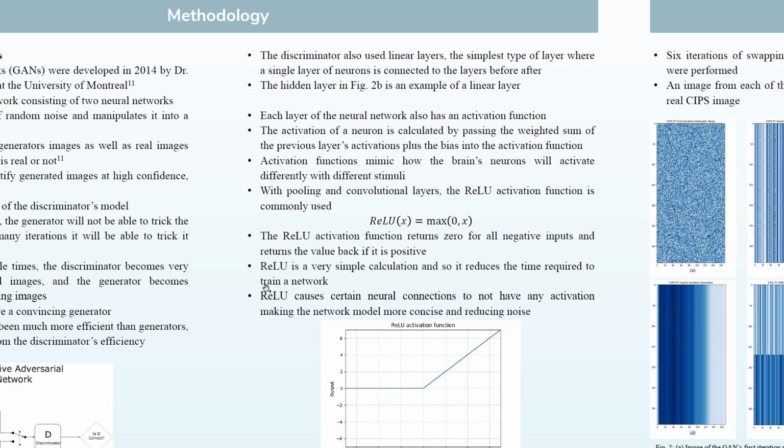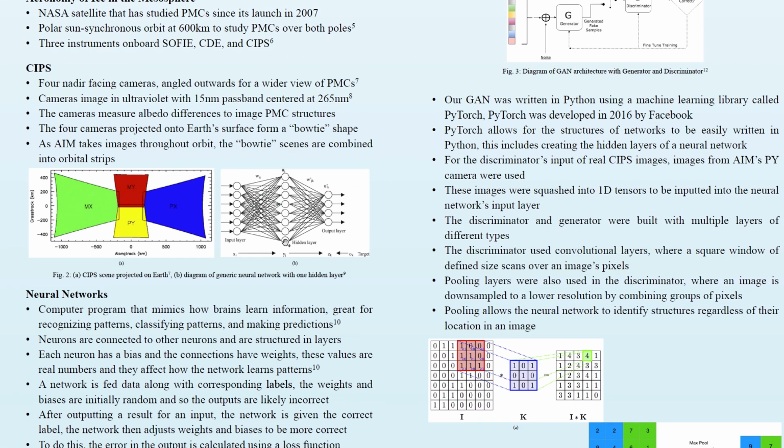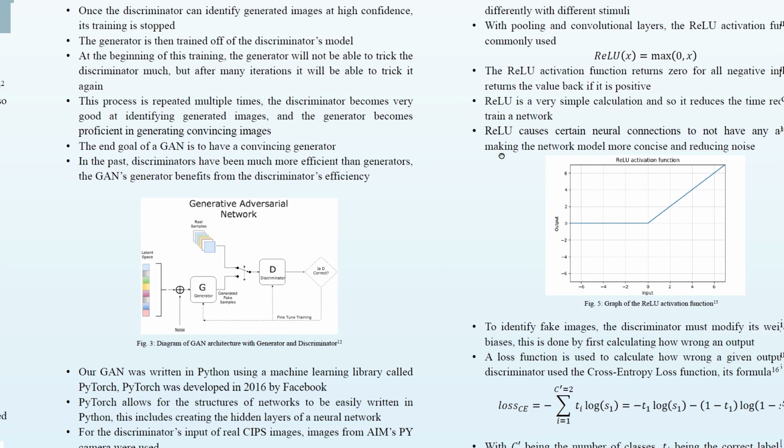So the discriminator used these types of layers in addition to the typical linear layers that you would have, like in this figure down here in this diagram. Here's just a linear layer where each neuron is connected to every neuron in the previous layer as well as in the next layer.